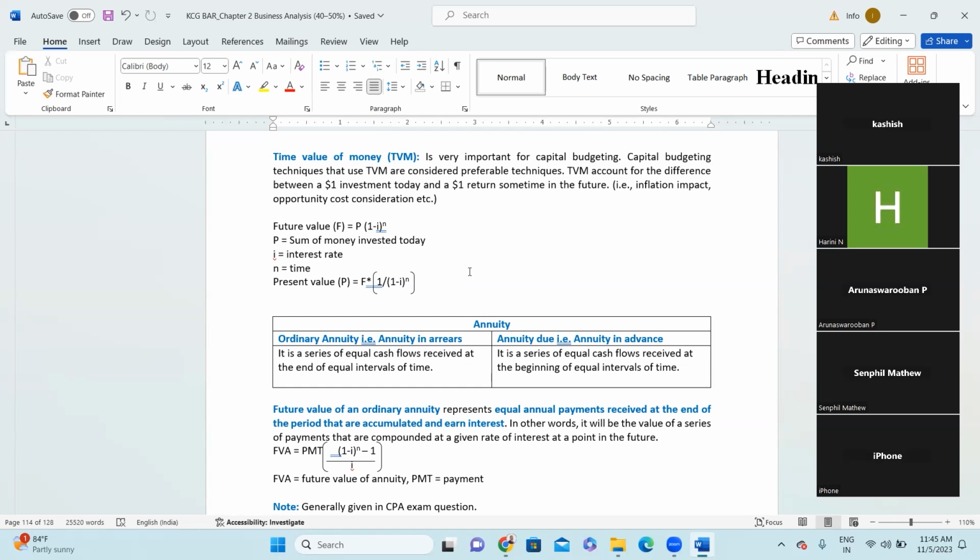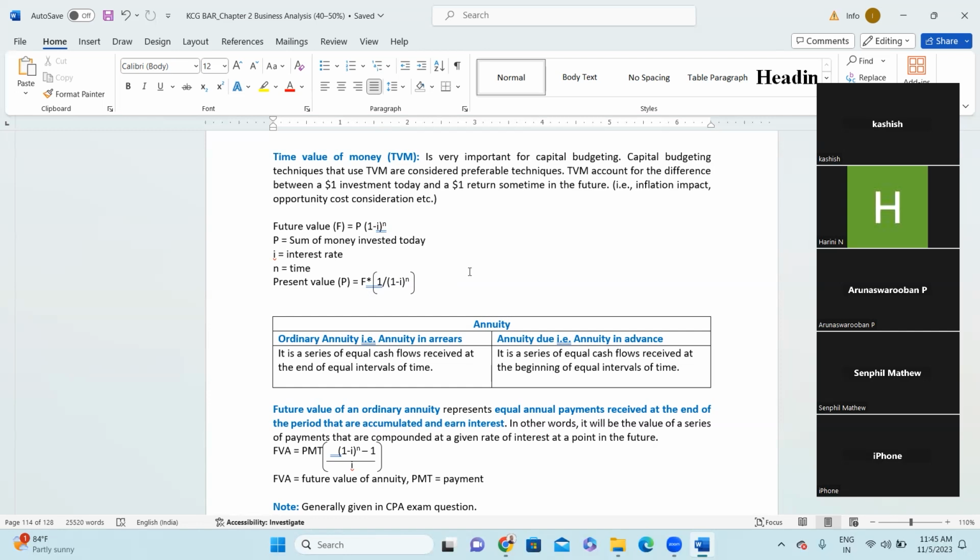Present value, do you remember the NPV question you might have done in your school days? So that table is basically the present value table, right? Time value of money means if you have, let's assume, $100 today, you can purchase 5 liters of milk.